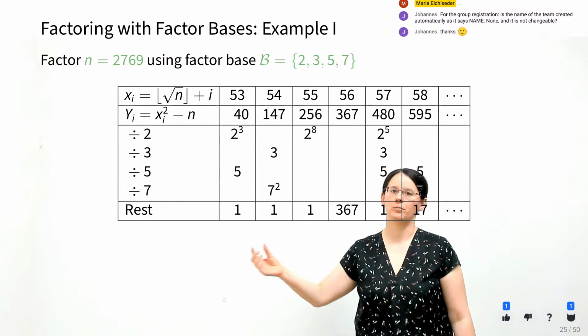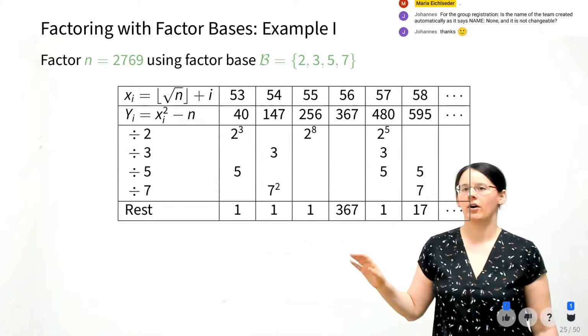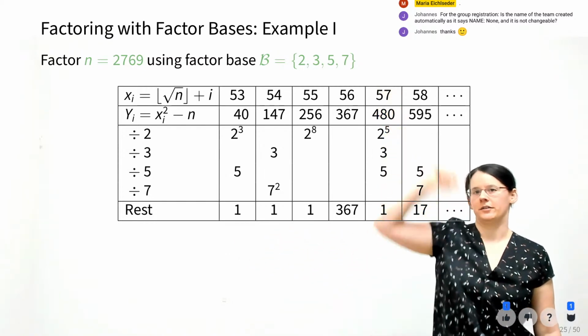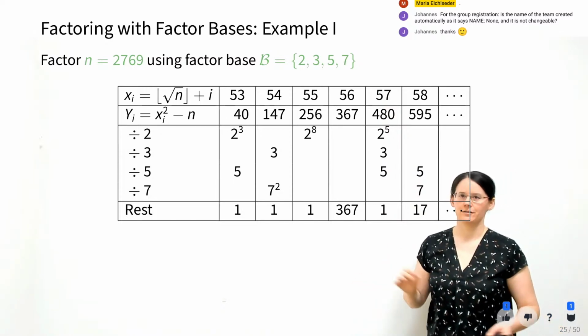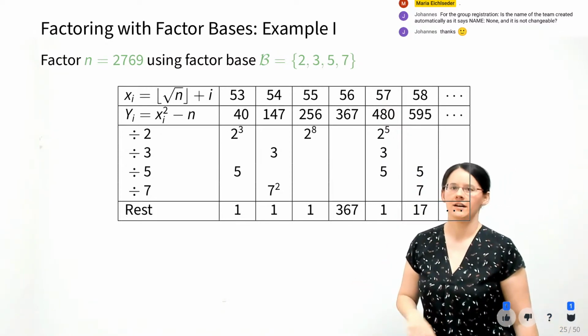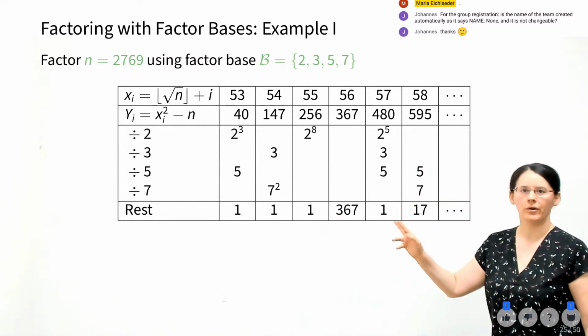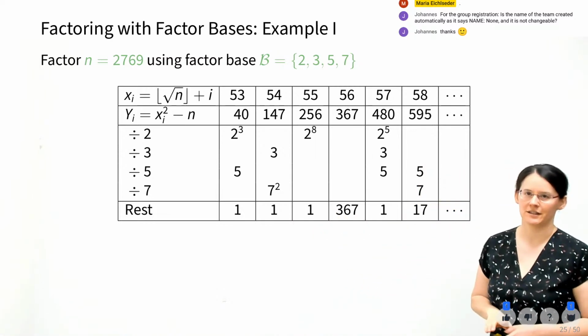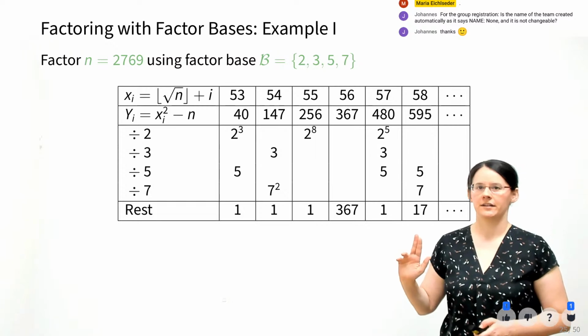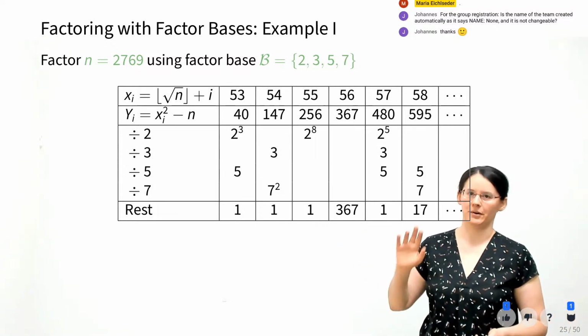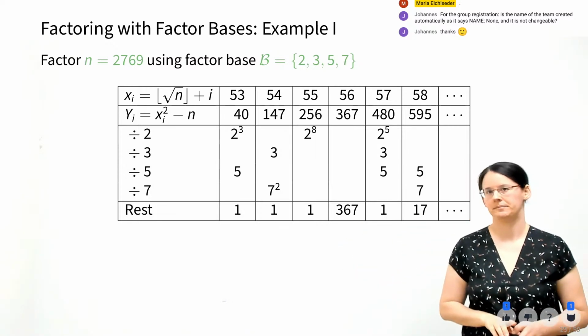The numbers where I end up with 1 are those where all factors of the number are part of the factor base, meaning I have successfully collected some relations. So I have 1, 2, 3, 4 successfully found relations here. These 2 I throw away because apparently they have larger factors as well.